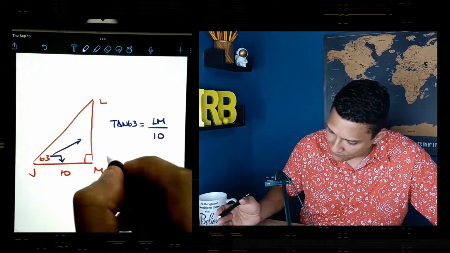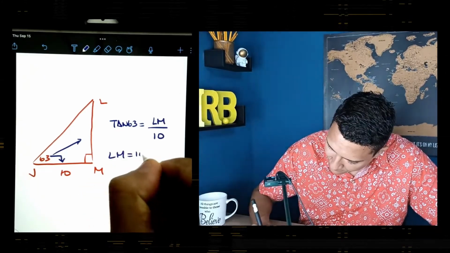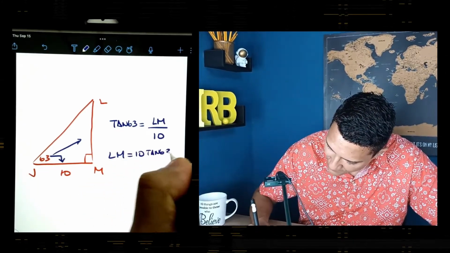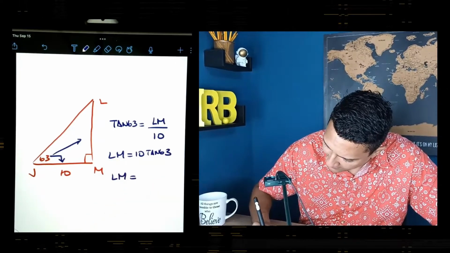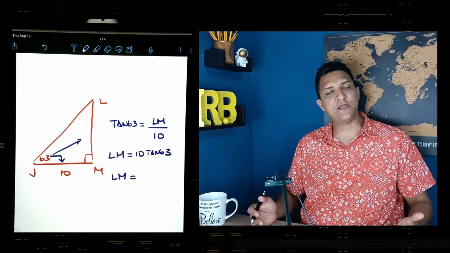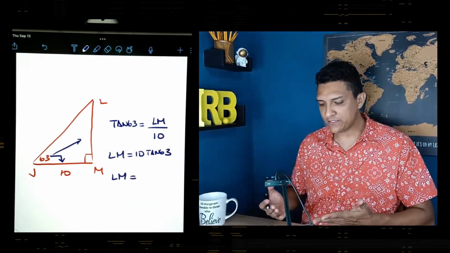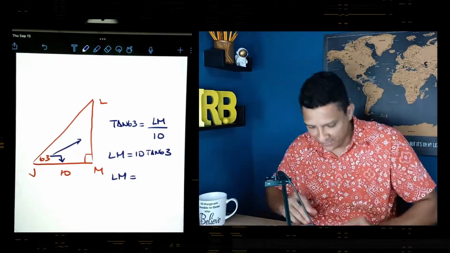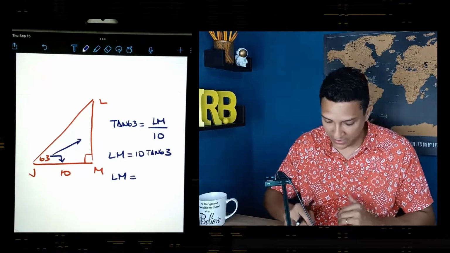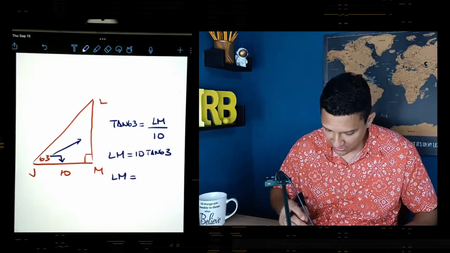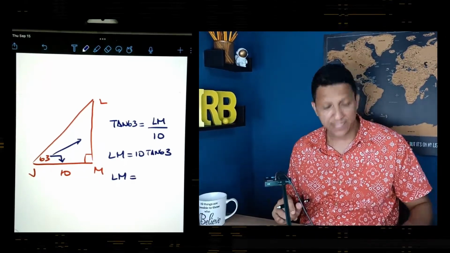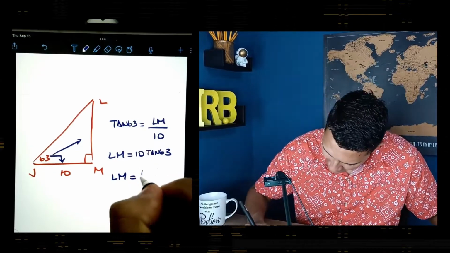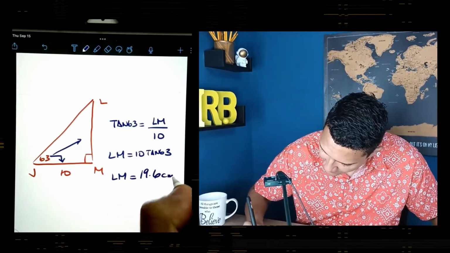So 10 passes multiplying: 10 tangent of 63. Notice that I basically switched the sides in the equation because I feel more comfortable working with the expression on the right side. However, if you want to keep it on the left side, it is okay. 10 tangent of 63 is 19.6 centimeters.